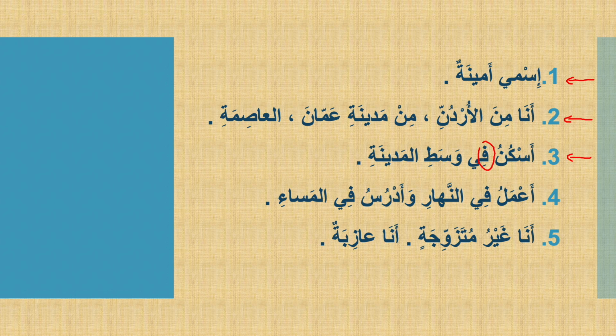And it's followed by a long E, which means that we in fact don't need this short E here because we already have a long E. Line 4, we have another Fa. Again, we don't need this short E here. Okay, and line 5 doesn't have a Fa or a Qaf.